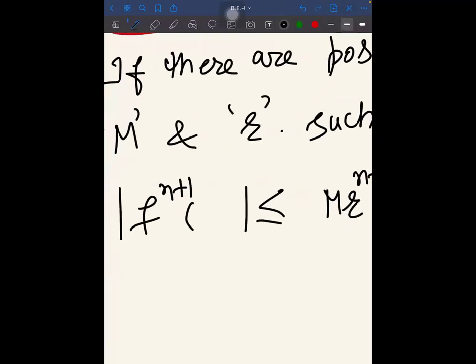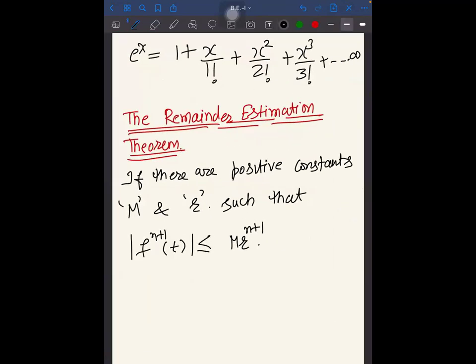Let me change the notation because we already have x, so let me call it t. For all t belonging to [a, x].